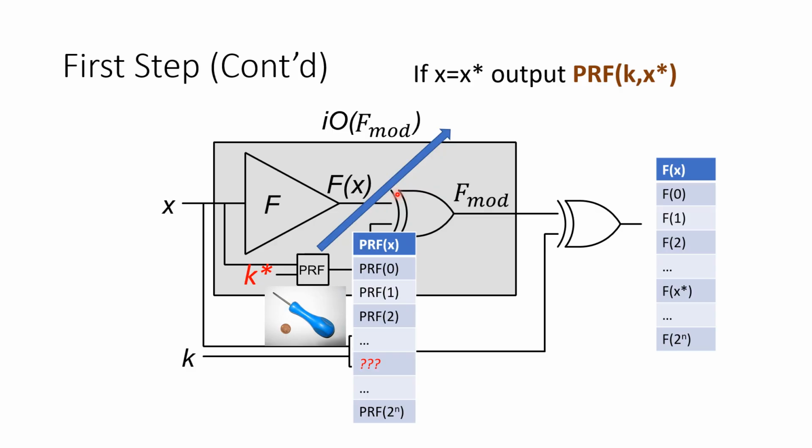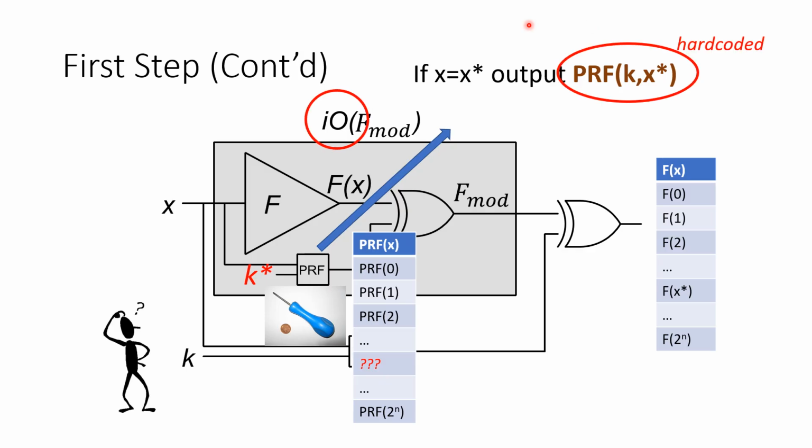If that's the case, we're going to output the true PRF output as a hard-coded value. Since we have an indistinguishability obfuscator here, we're obfuscating this whole block and the functionality has been preserved. We know the adversary has negligible, well, sub-exponential advantage in telling the difference.